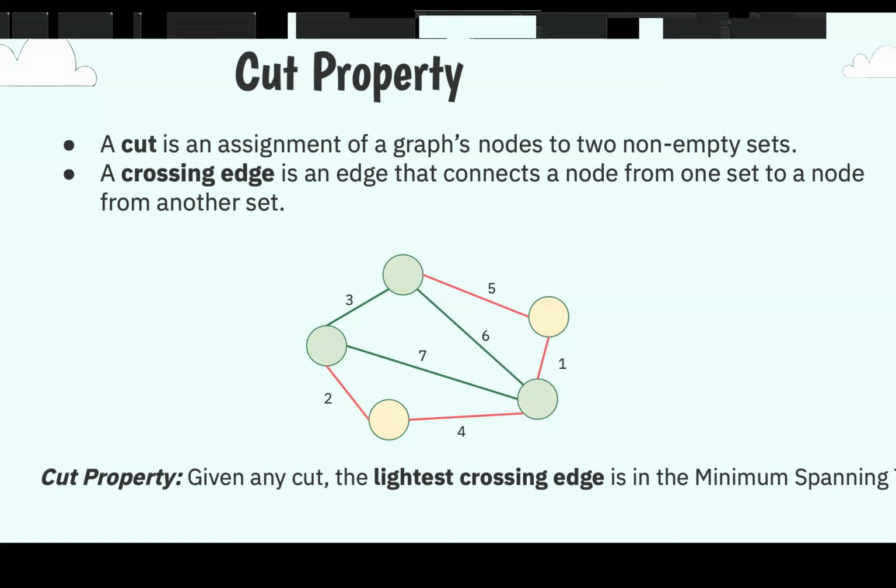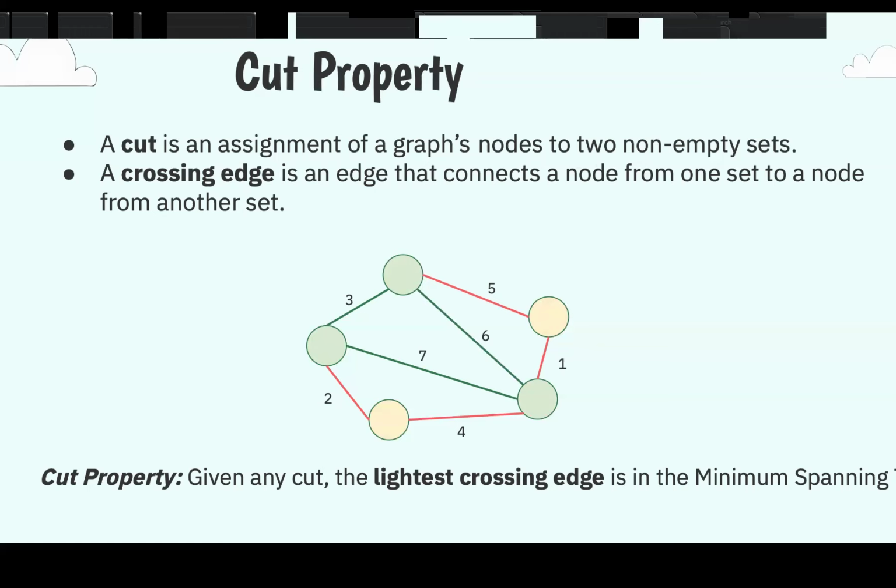For a given cut, it's not necessary that the smallest edge in the graph is a part of the spanning tree, right? The smallest crossing edge is going to be a part of the MST.